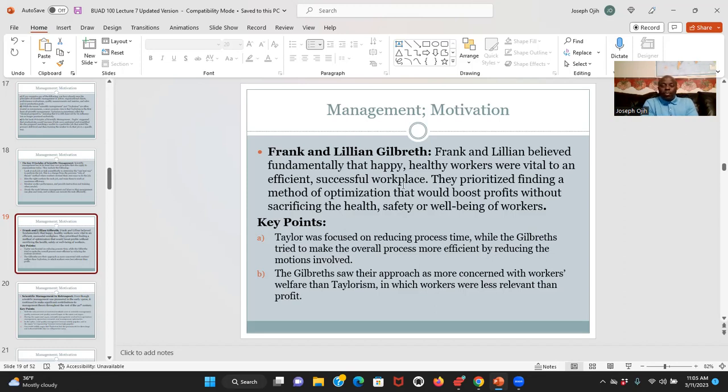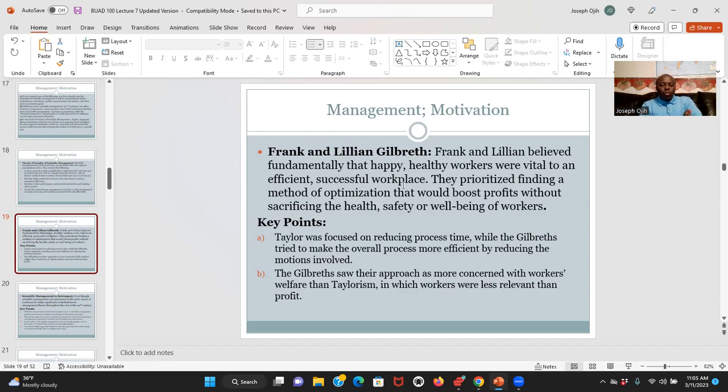So the priority must be: I want my workers to give me A, so I'm going to give them B. That means B becomes the necessary condition. Maybe a work environment, then their wages, and of course, other things that are necessary to make them feel comfortable to give me what I want.